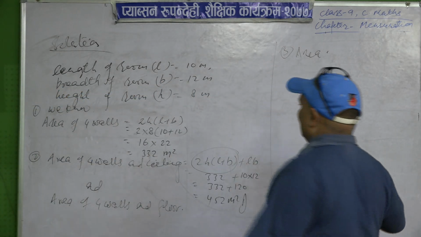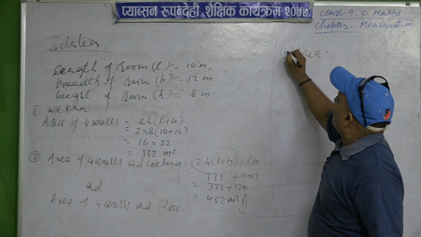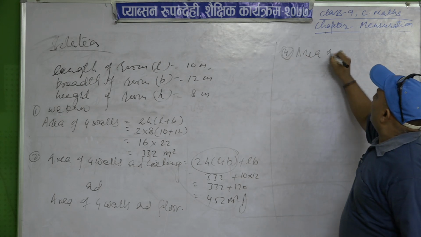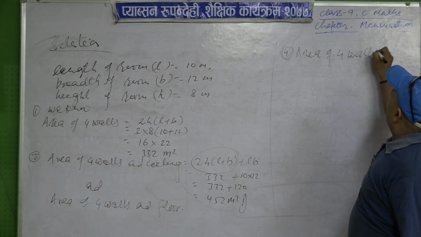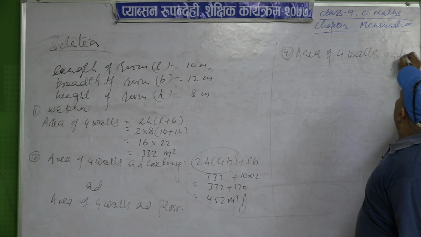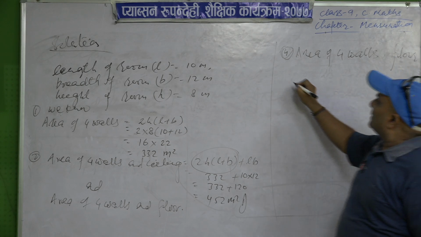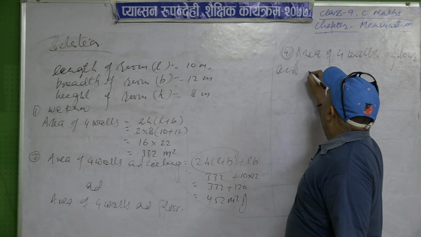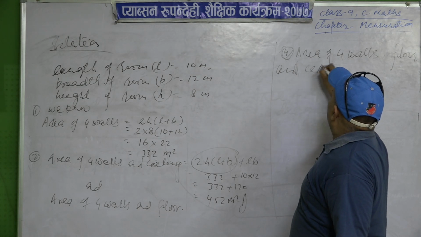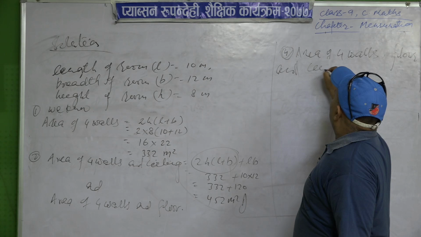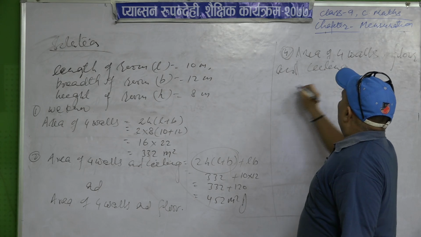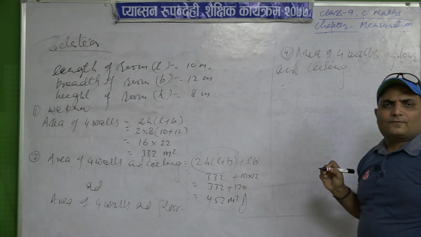Now fourth question, area of four walls, floor and ceiling. What is the area of four walls, floor and ceiling?